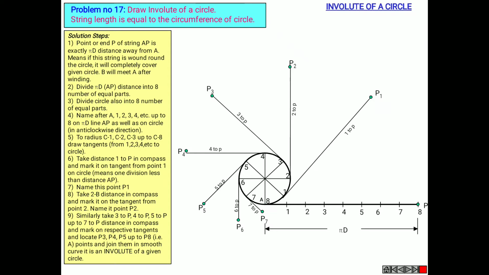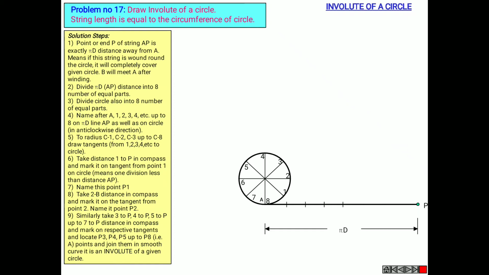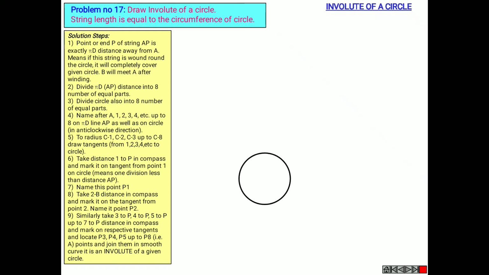Okay, we'll see it again. Firstly, draw a circle with a given radius or diameter and divide the circle into some equal number of parts, say 8, and mention the points in the anti-clockwise direction.